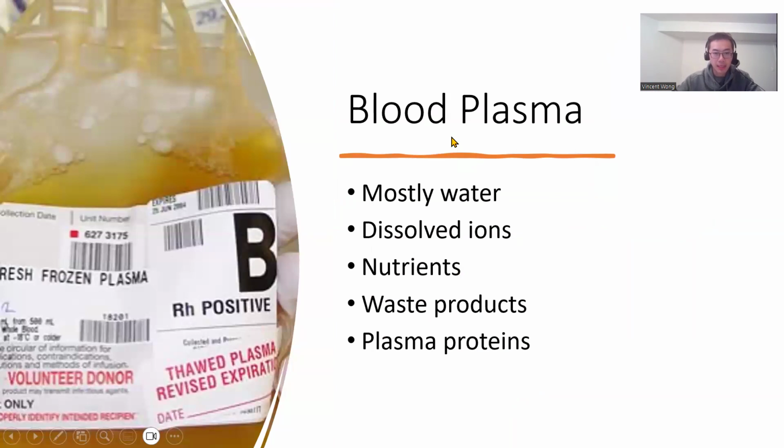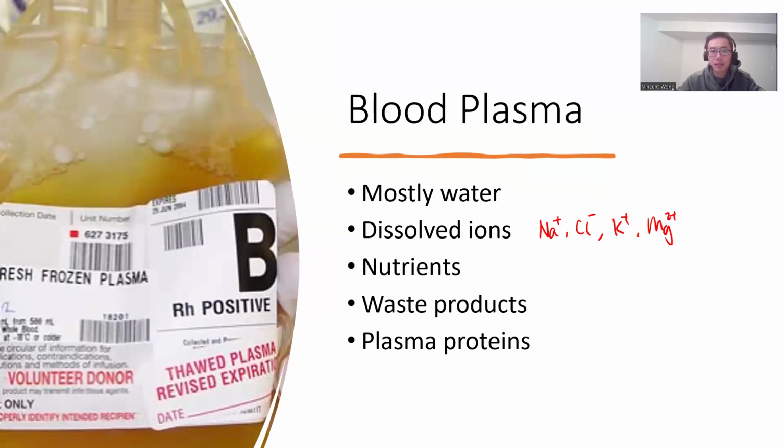So the plasma, like I said, is mostly water, and there are some dissolved ions in it. Some important ions in our blood include things like sodium, chloride, potassium, magnesium. All these things are going to be found in the plasma portion of the blood.